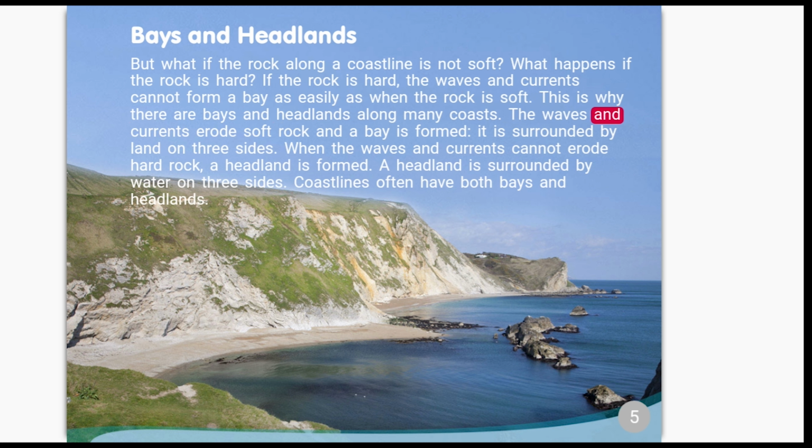The waves and currents erode soft rock, and a bay is formed. It is surrounded by land on 3 sides. When the waves and currents cannot erode hard rock, a headland is formed. A headland is surrounded by water on 3 sides. Coastlines often have both bays and headlands.